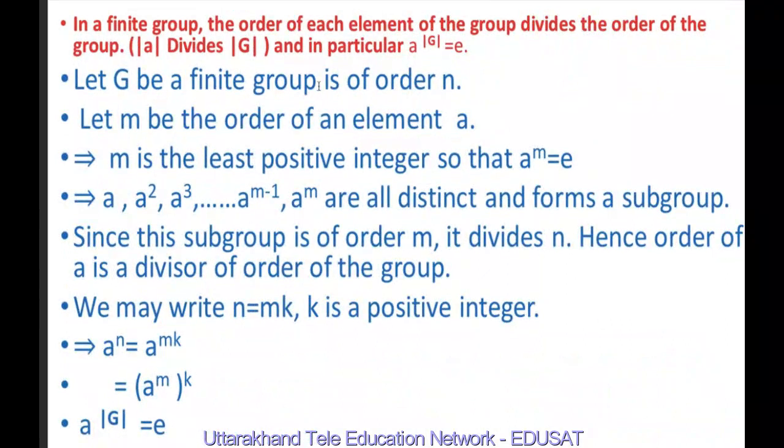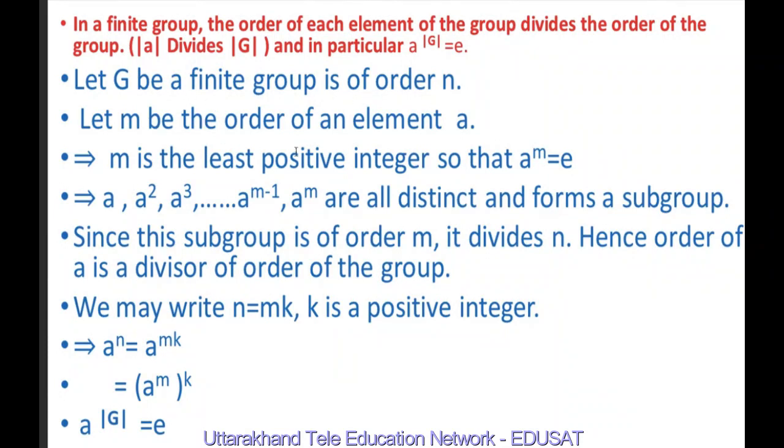Next is, in a finite group, the order of each element of the group divides the order of the group. Meaning the order of a divides the order of G, and in particular a raised to the power order of G is equal to e. Let G be a finite group of order n.